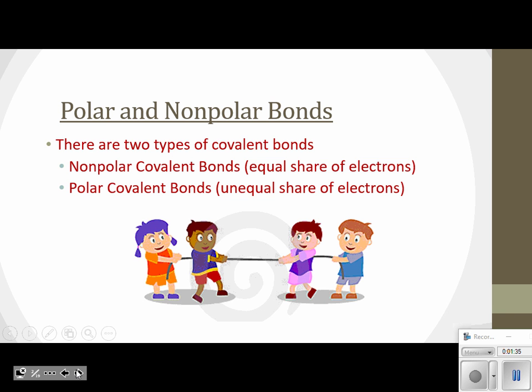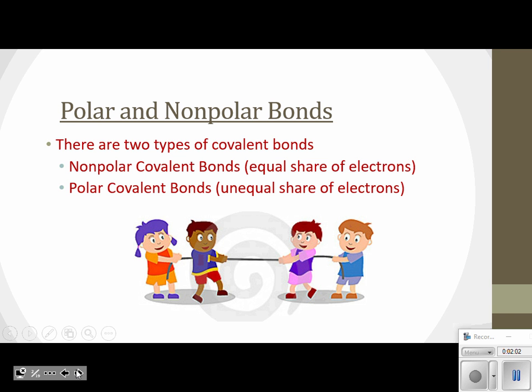at the polar and the non-polar covalent bonds, I always think of this as a tug of war. Okay, a tug of war. We are pulling for those bonded electrons. If it is a non-polar covalent bond, nobody's winning the tug of war.